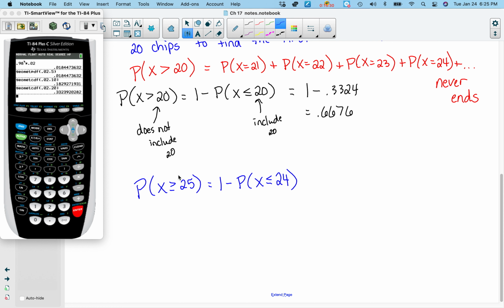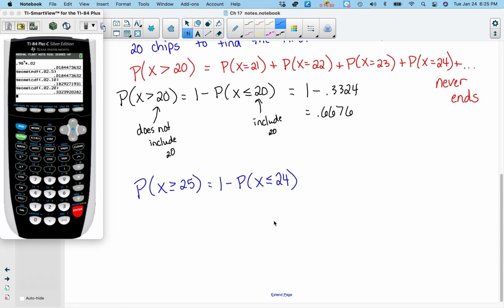This right here, if I had greater than or equal to 25, this included the 25. So when I do the complement, it can't include the 25. I can't include it in both places. So that's the reason why I had to drop the number down. The reason I didn't have to drop the number down here was because this was strictly greater than, not greater than or equal to. So I was not including the 20 in this part, so I had to include the 20 in this part. So be careful, because that can kind of trip you up.